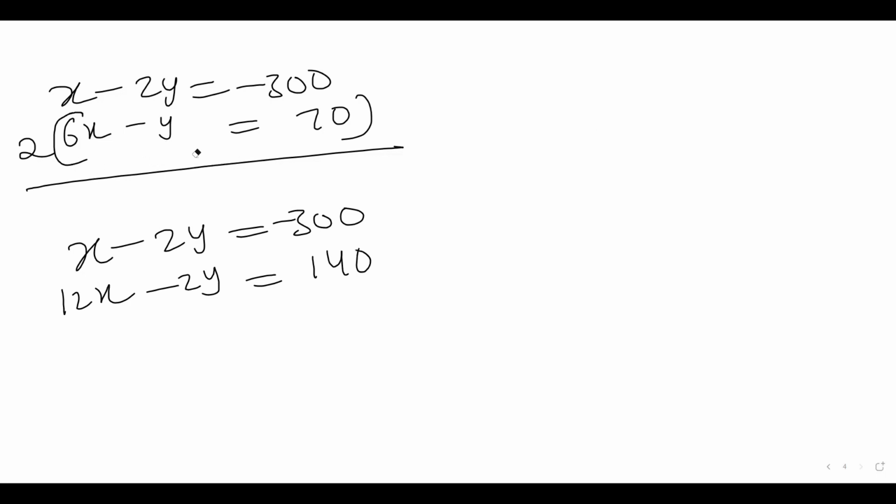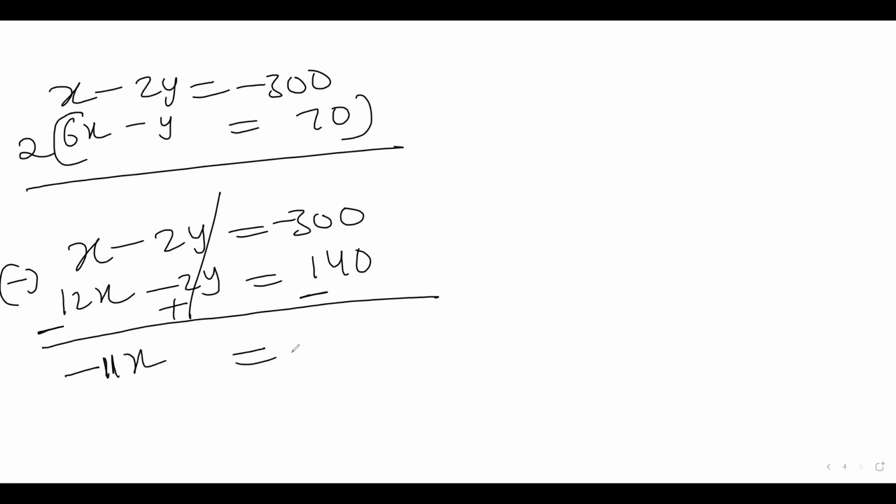Now both y's are minus. I am subtracting, signs will change. 2y will get cancelled. Here I will get minus 11x. Both are minus now.